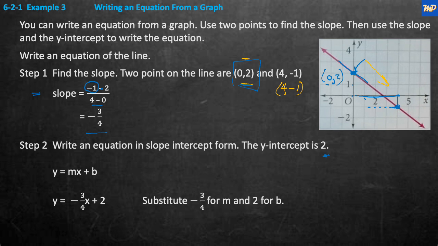So y is equal to mx plus b. The m we found already is negative 3/4. So y is equal to negative 3/4 x plus 2. There's the equation for that line.